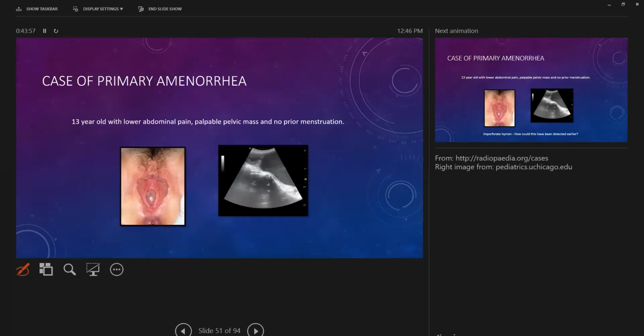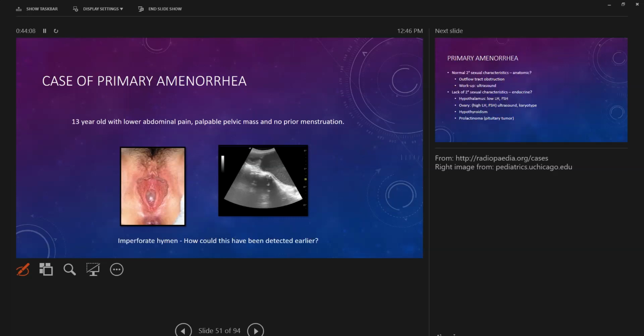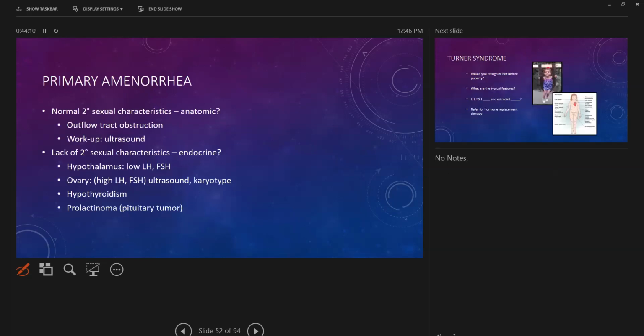So the causes of primary amenorrhea may be an imperforate hymen, which you'll see right there, and you can see on the ultrasound. So that can be detected earlier with normal exams of the genitalia. Primary amenorrhea with normal secondary sexual characteristics can be anatomic or from an outflow obstruction. We need to work this up with an ultrasound.